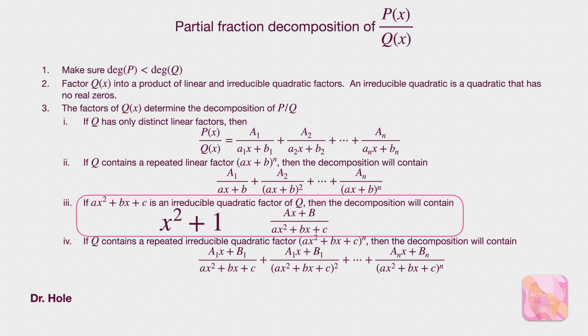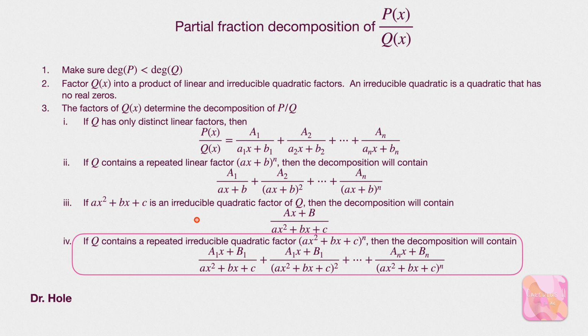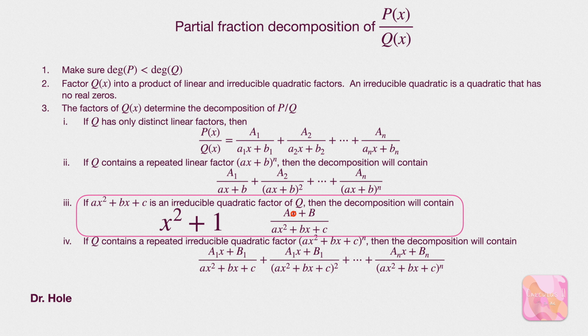But as this is introductory calculus, we limit ourselves to real numbers. Hence, this is irreducible over the real numbers. In such a case, the term in the partial fraction decomposition will take that irreducible quadratic factor and form a rational function with that denominator.